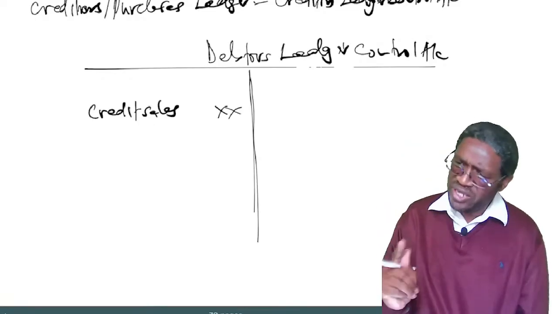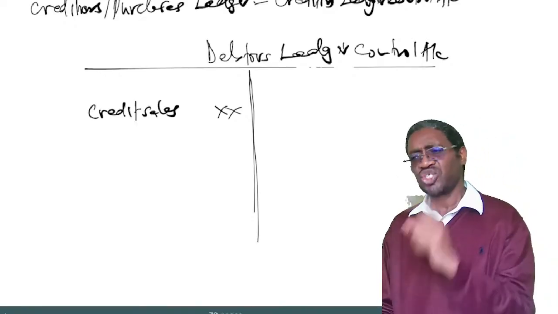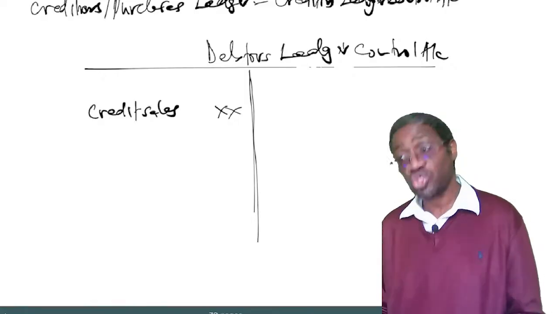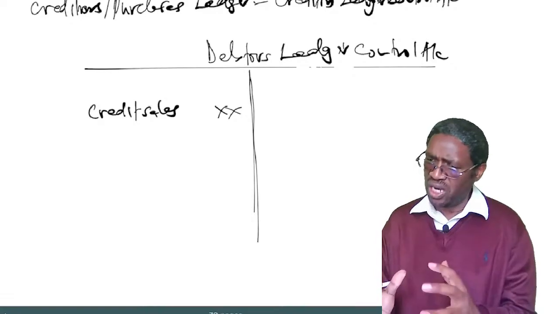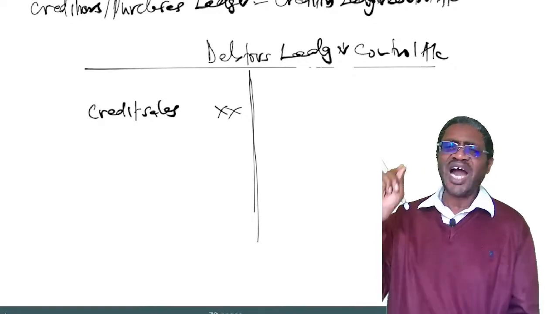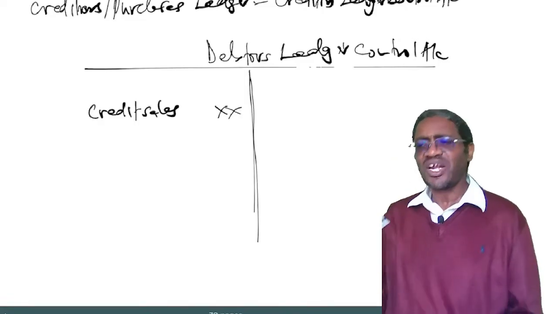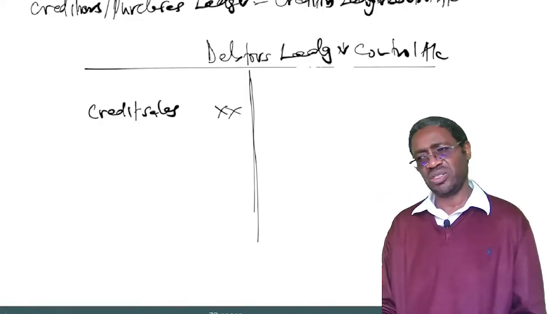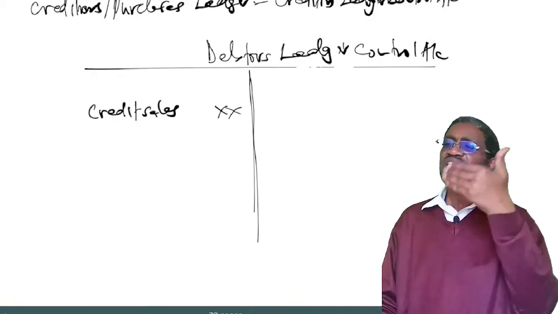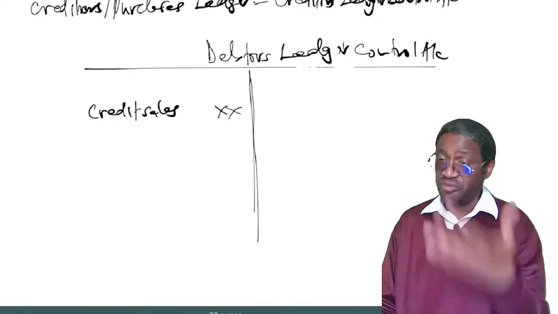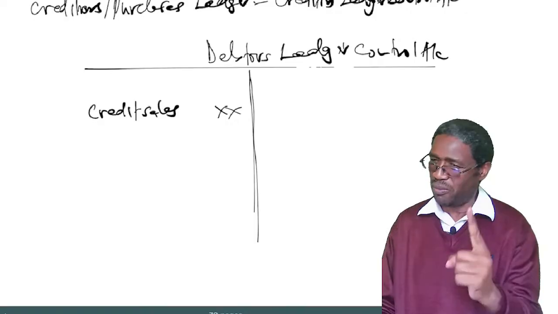If an item is normally credited in the debtors account, then that item should be credited in the control account. So control accounts, we normally say they are not part of double entry. We call them reference accounts, or memorandum accounts.